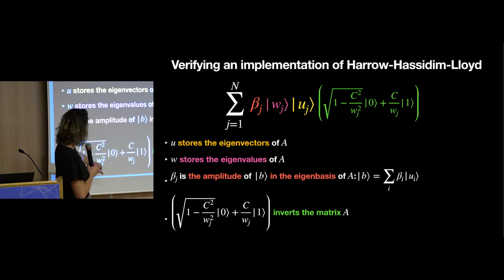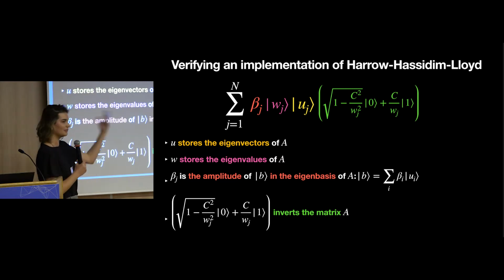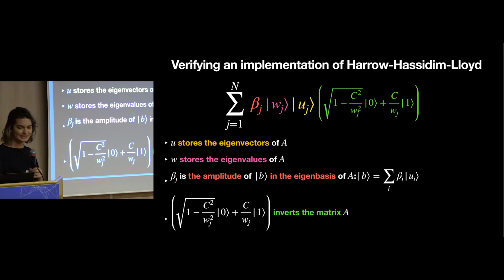You can see here that in the denominator of the amplitude of the one state, we've inverted the eigenvalues. Then there are some additional steps in the algorithm that convert this into a form that gives you a solution vector, but those don't matter so much for us in this talk.